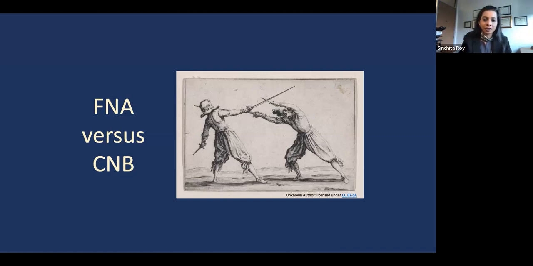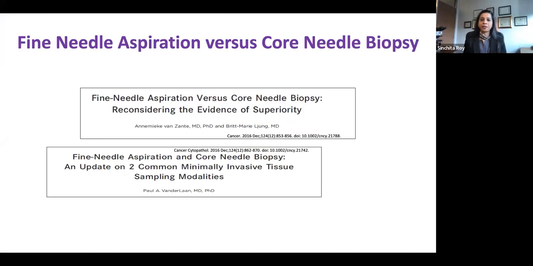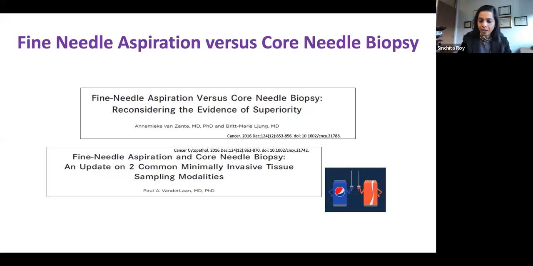If you talk to someone in surgical pathology, they're going to say, no, core needle biopsies are better. And if you want to read some really interesting review articles, there's one by Dr. Britt Marie Young and colleagues and Dr. Paul Vanderland that you can refer to, that talk about the very interesting points of view of how we consider which one's superior.